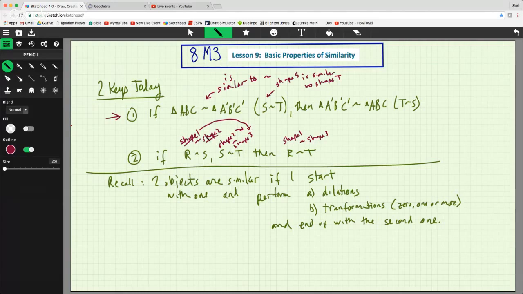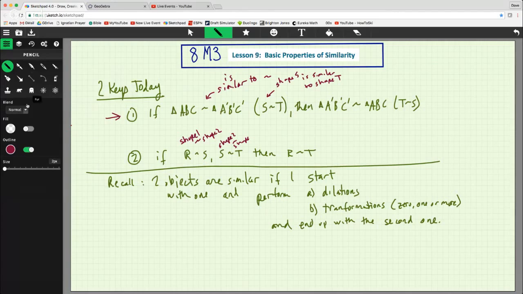In fact, those would be the exact same dilations and transformations that you used in the first similarity and the second similarity. If you just mimicked what you did to get from shape 1 to shape 2, and then again from shape 2 to shape 3, you'd get from shape 1 to shape 3. And we'll go through an exercise that proves all that.